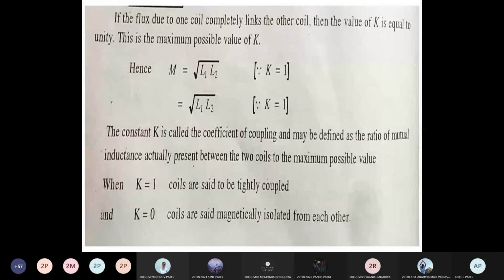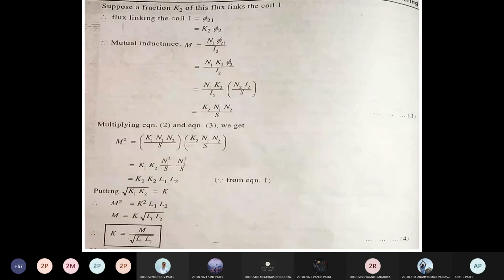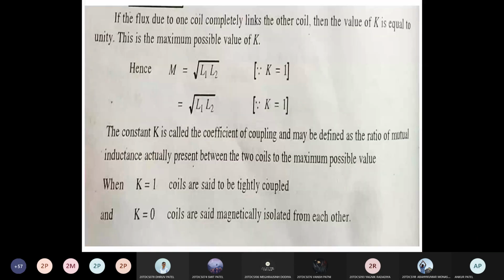Okay. So anyone having doubt in this coefficient of coupling? We'll be asked the derivation also. So we need to prove this k is equal to M under root L1 into L2, and you need to write these sentences: what does this k represent?